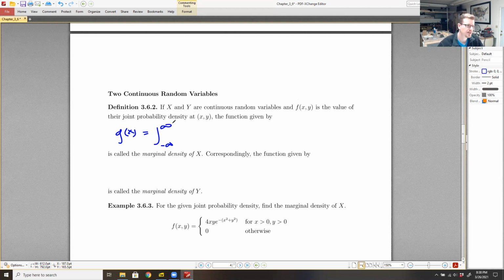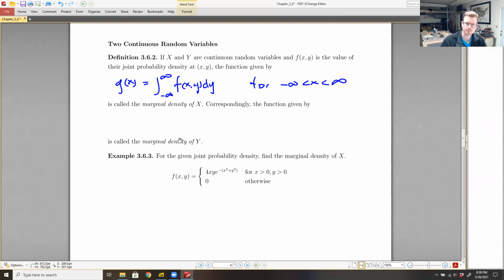That results in a probability density for x, and the x values can range from negative infinity to positive infinity, or wherever they're non-zero. So that's the marginal density of x, and h of y would be the marginal density of y.